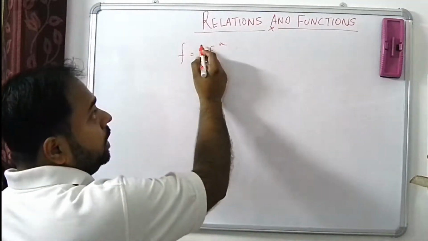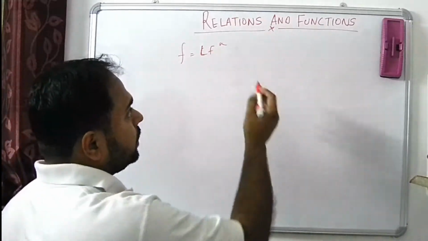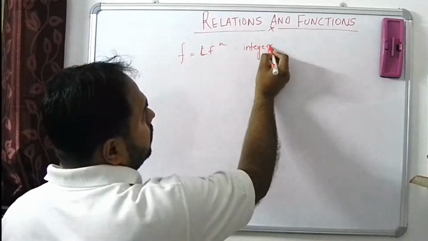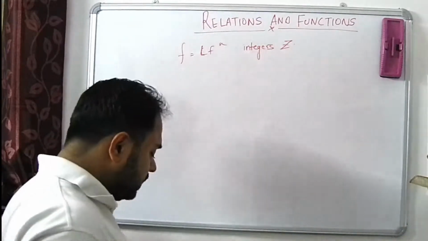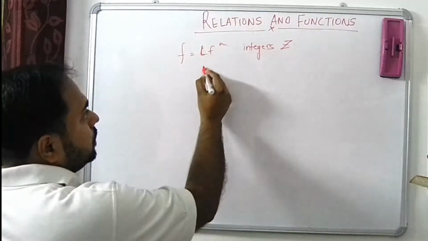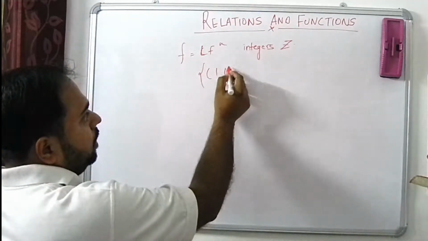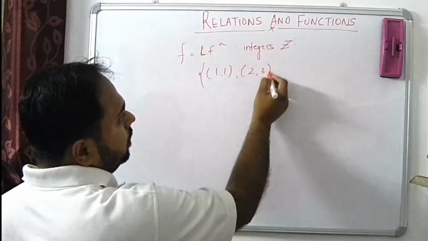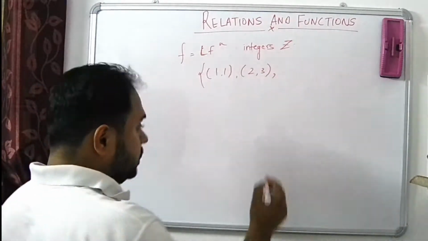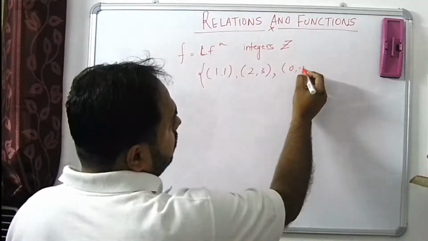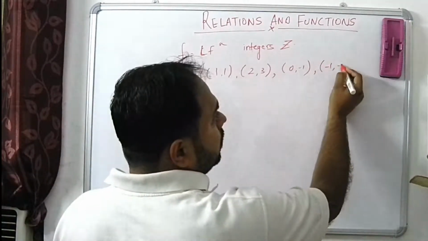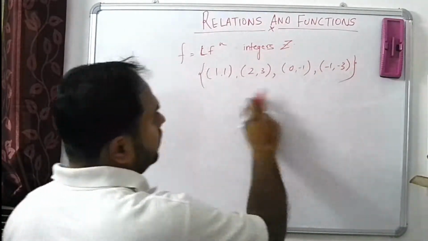Sorry, it's not a real function, it's a linear function which is defined over integers, that is Z. They have given certain values: (1, 1), (2, 3), (0, -1), and also (-1, -3).